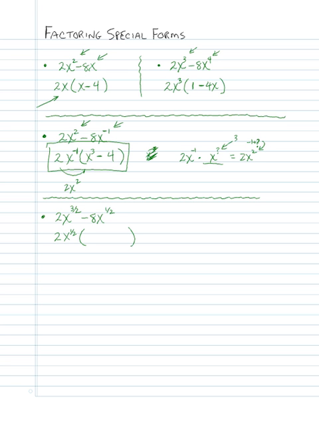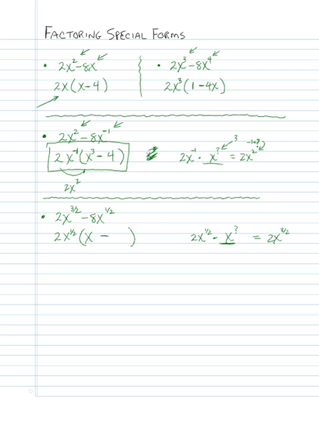So here's where we're stuck again. We have two positions in these parentheses. And in the first position, we have 2x to the 1 half power on the outside, and it's going to multiply with that first position on the inside, and the result has to be 2x to the 3 halves power. So once again, we're having to decide what power, see, we're going to have an x to a power right there.